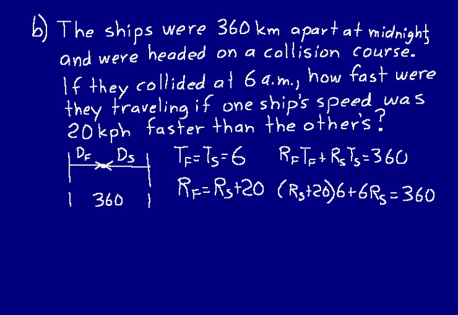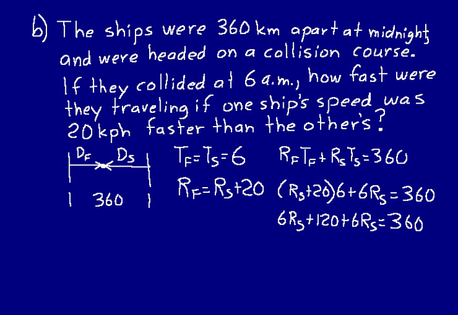So now we have one equation with one unknown. We can solve this for the rate of the slower ship. And so we'll expand out on the left. 6 times RS is 6 RS, plus 6 times 20 is 120, plus another 6 RS is equal to 360.